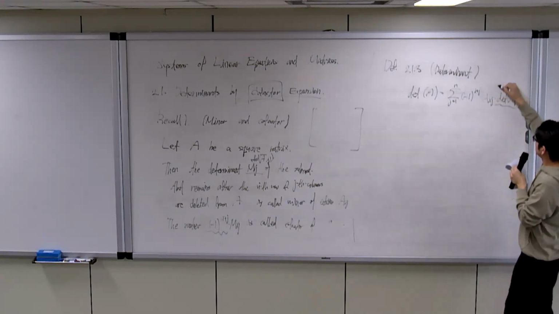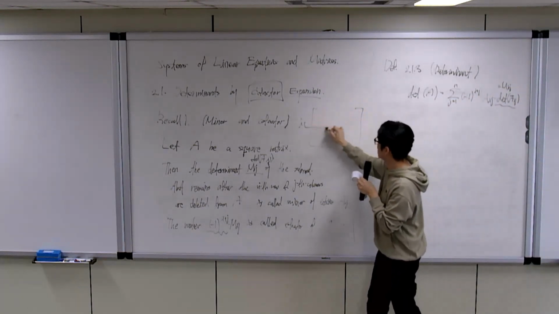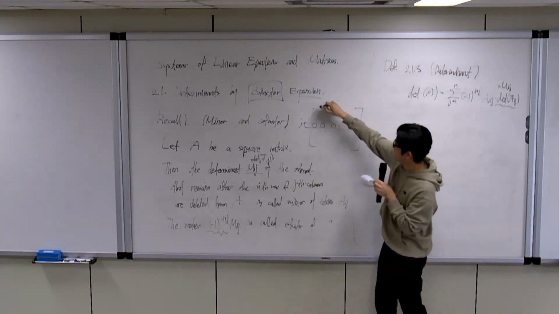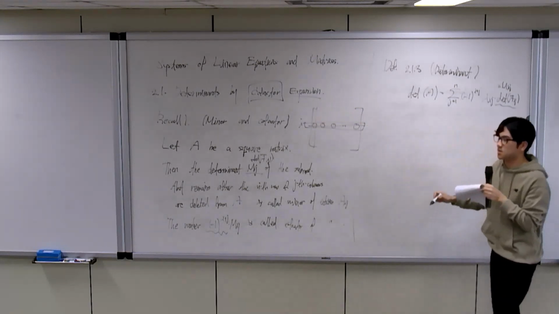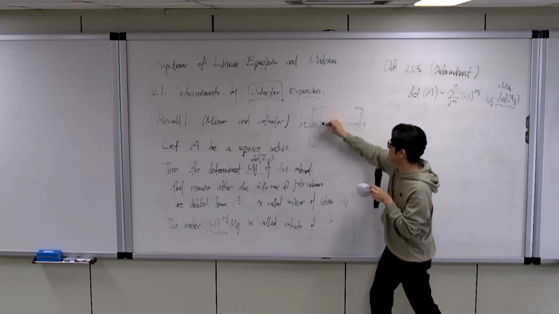So it is Mij, and this means if you choose the ith row, then first you will remove this column and row, and the submatrix will be like this.